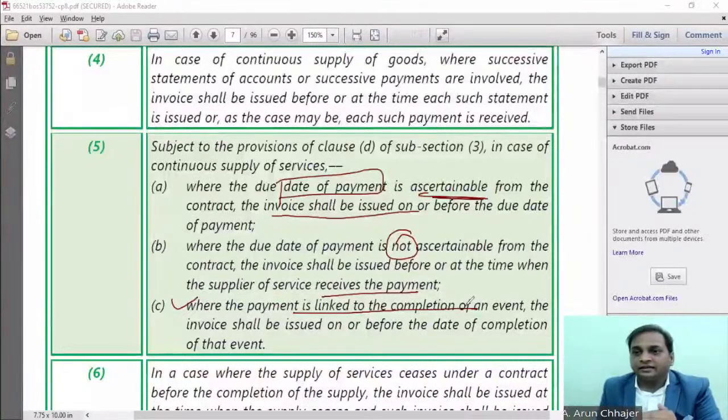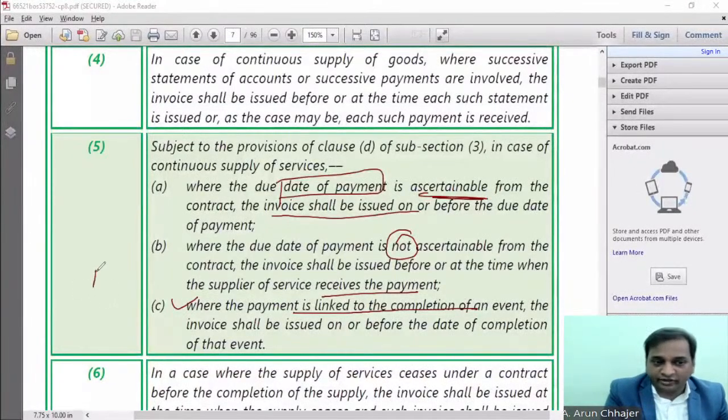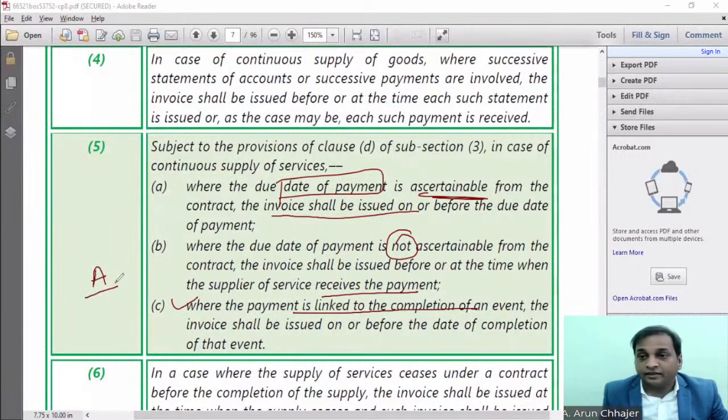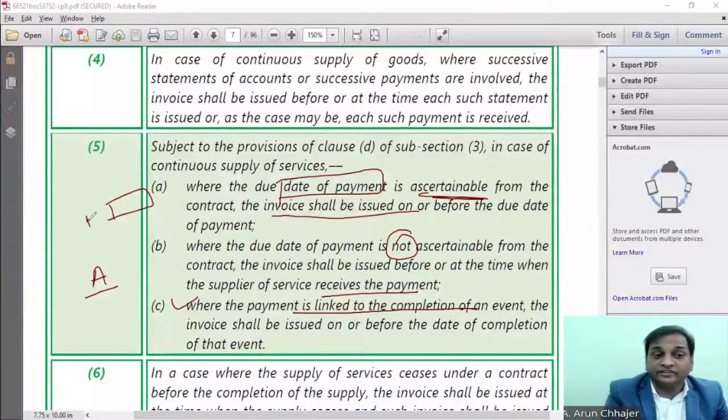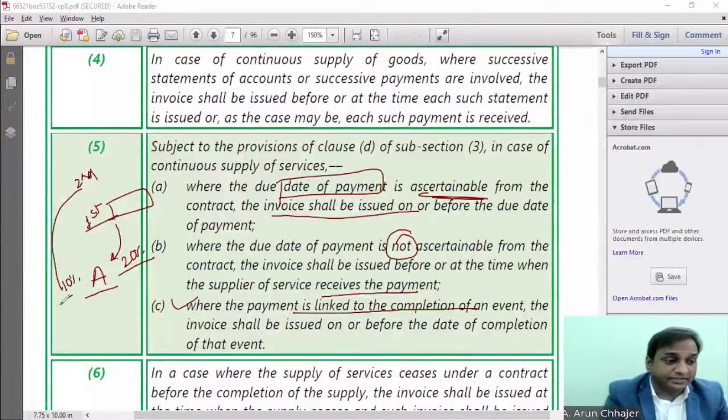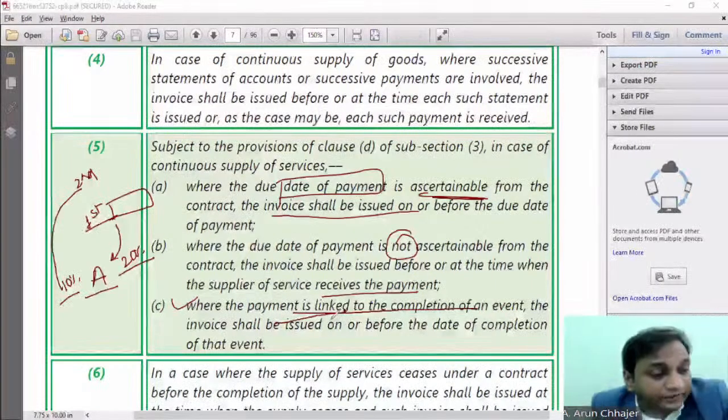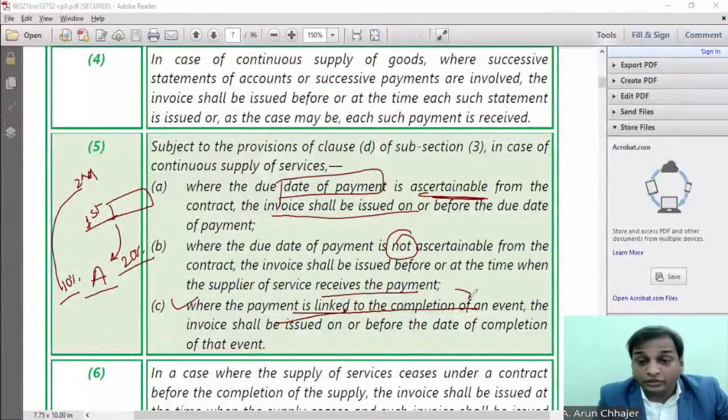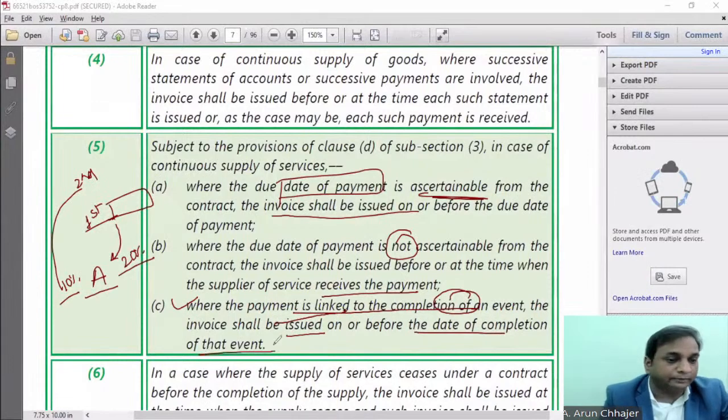Mr. A has received the work contract service for construction of a building. His payment is linked to the completion of an event. Like if the first floor is completed, you will be entitled to 20% payment. Once the second floor is completed, you will be entitled to an additional 10%. Then in that case, if the payment is linked to the completion of an event, the invoice has to be issued on or before the date of completion of that event.